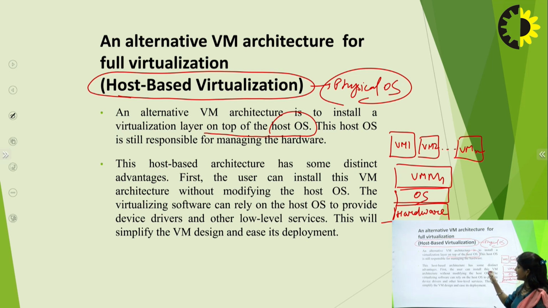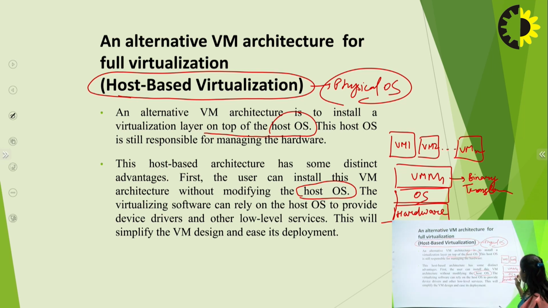So this is the alternative architecture, but what are the advantages in this architecture? First, the user can install this VM architecture without modifying the host OS. All the library or binary translation has already been done here.